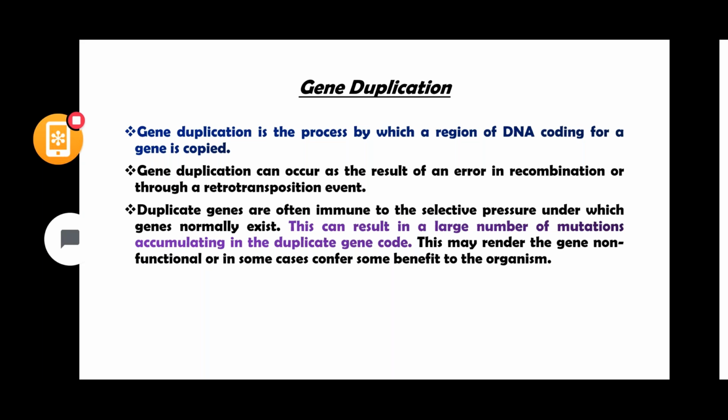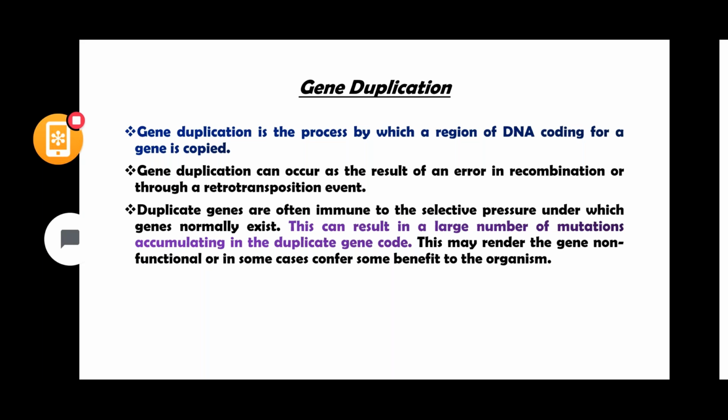Now this can result in a large number of mutations, and if it keeps on going like that, it will obviously produce a large number of mutations, and finally it may cause a disease, or cause that gene to become non-functional. But in some cases it gives benefit to the organism. For example, it helps in synthesizing families of proteins, like the globin family proteins, beta globin and alpha globin.